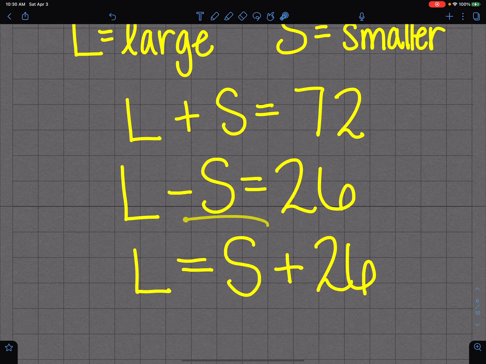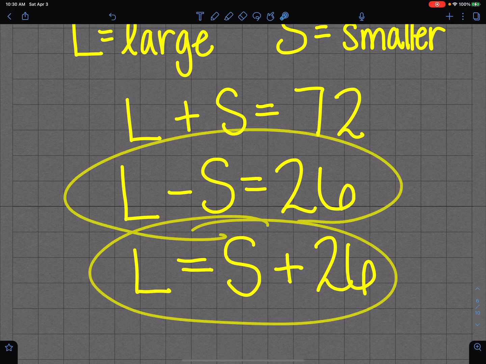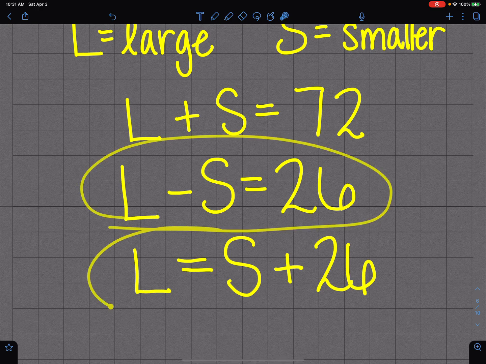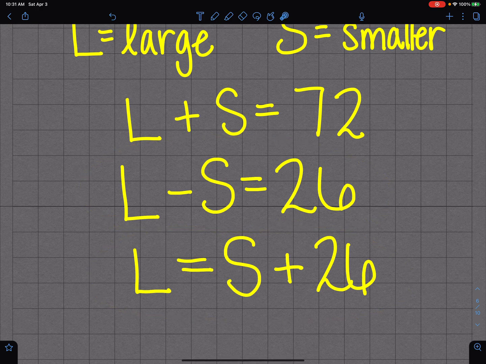This is equivalent to this because you would just be adding S to the other side. Does that make sense? So you could either write it this way or you could write it this way. These are equivalent, but they will both get you the right answer. Okay, and the right answer turns out is the large number is 49 and the small is 23.